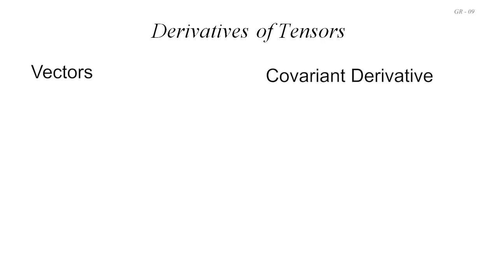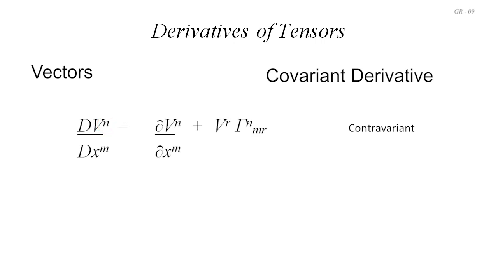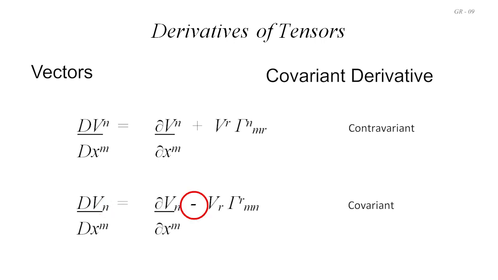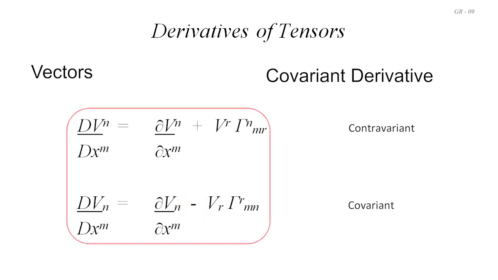These two expressions or types of covariant derivatives are probably best written down using the Einstein Summation Convention, where, if you recall, we had for a vector v that the covariant derivative of the contravariant or upper components of the vector is given by this, with a plus sign here, and that the covariant derivative of the covariant or lower components of the vector is given by this, with a minus sign here. Now you might need to look at these carefully to remind yourself of what's what and get your head around things before we think about applying these ideas to tensors.